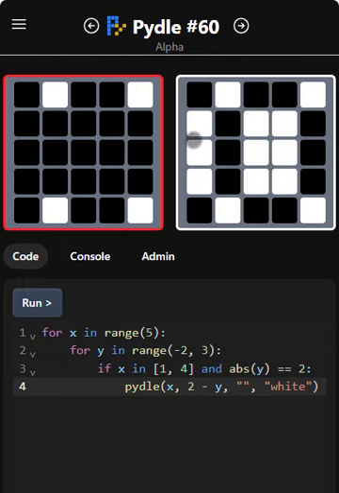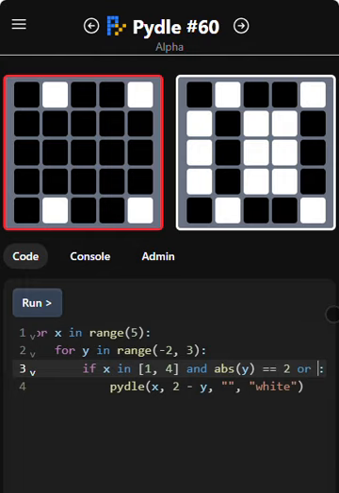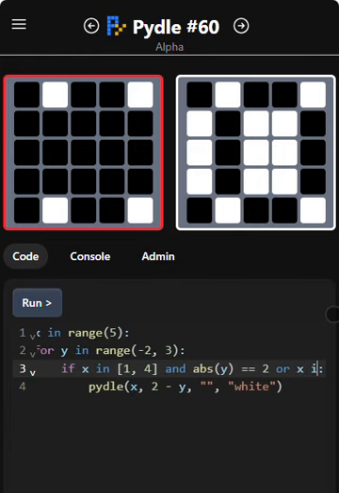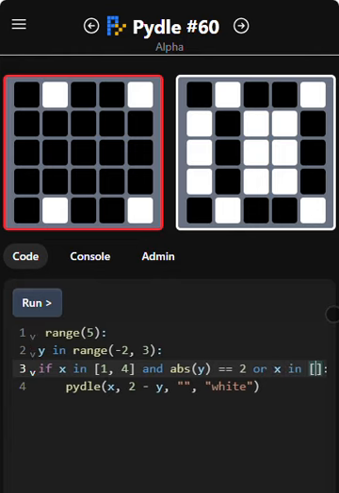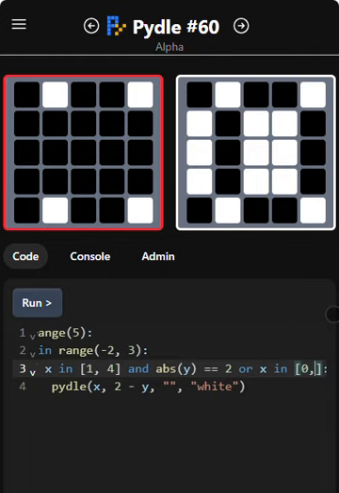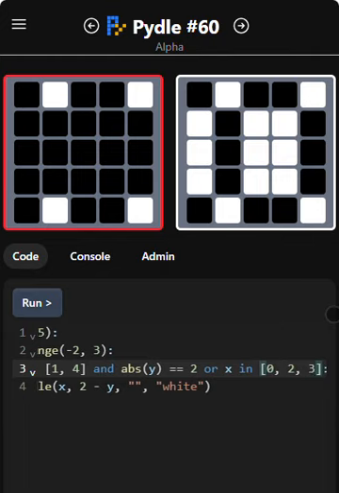Now the rest is actually quite simple because it's just repeated these vertical bars. So we just need to extend that, say or x in, and now we're going to supply 0, 2, and 3.